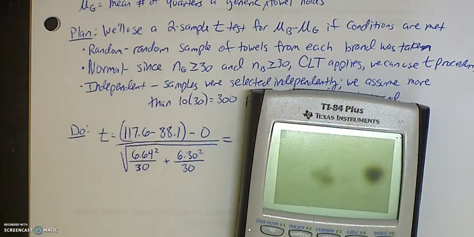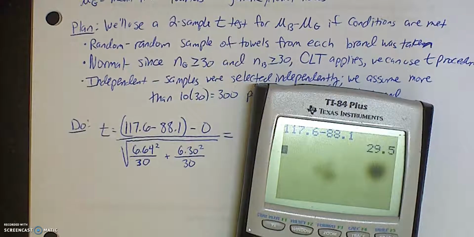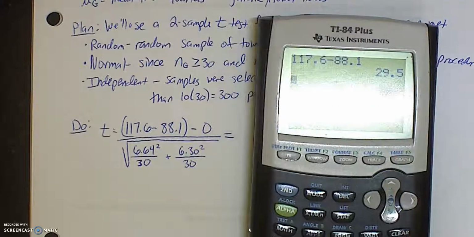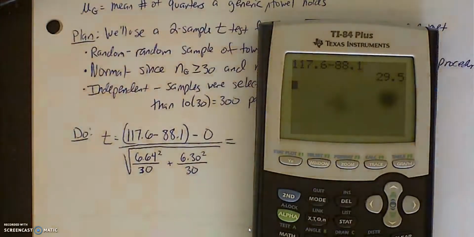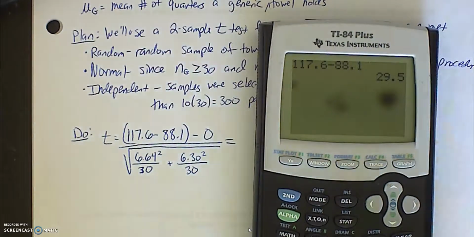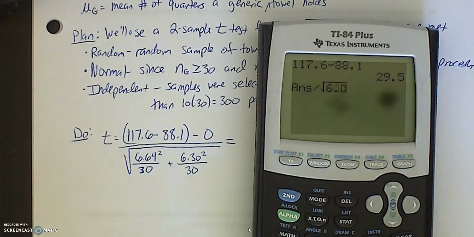I've got 117.6 minus 88.1, that's my numerator, and that's going to be divided by the big square root of 6.64 squared over 30 plus 6.3 squared over 30.